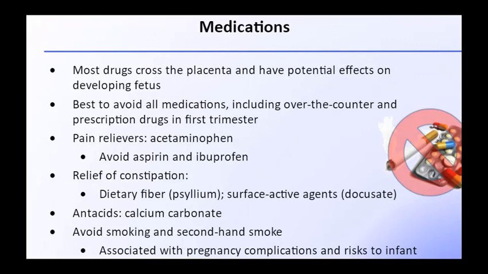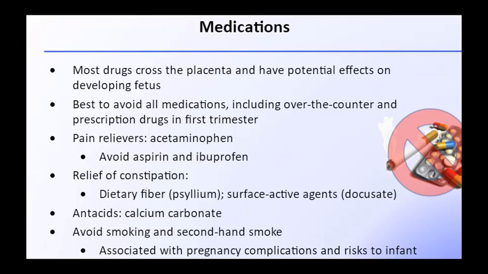Nearly all drugs, including over-the-counter medications, cross the placenta and have the potential to affect the developing fetus. When possible, it is best to avoid all medications, including over-the-counter and prescription drugs, in the first trimester when organogenesis is occurring. Examples of known teratogens are retinoids, phenytoin, and warfarin.